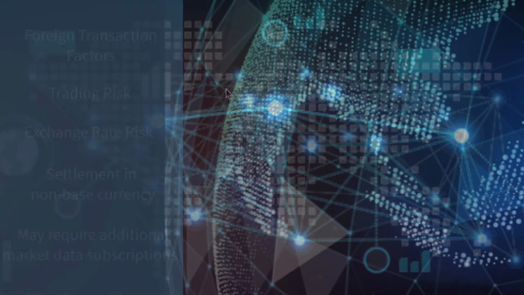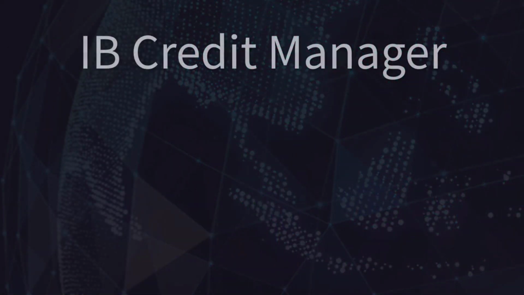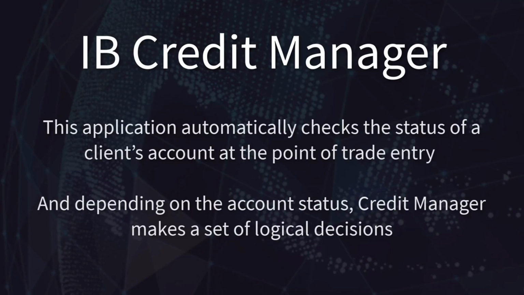Because IBKR connects to more than 100 global market venues and offers clients a base account in more than 20 foreign currencies, it has sophisticated monitoring software. What we are about to illustrate in this video revolves around a critical piece of software known as the IB Credit Manager. This apparatus automatically checks the status of a client's account at the point of trade entry.